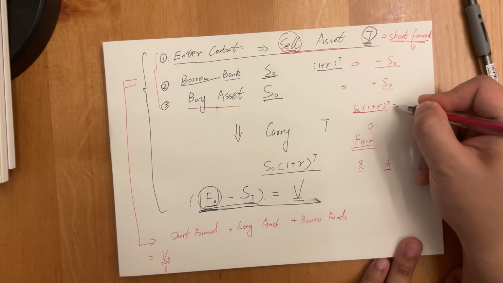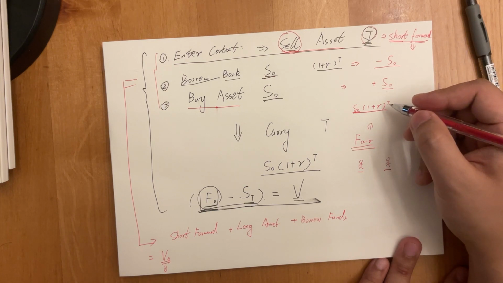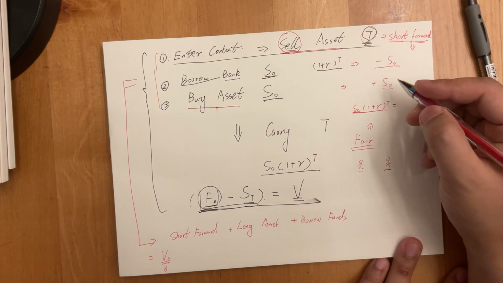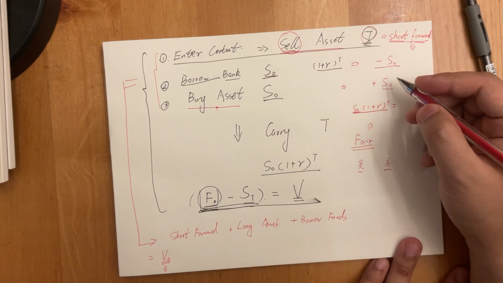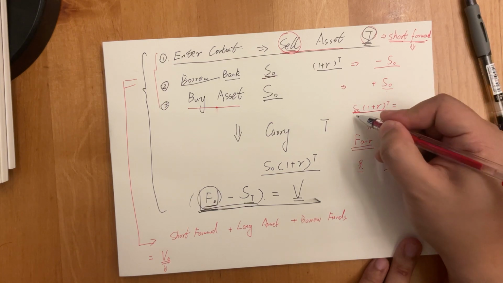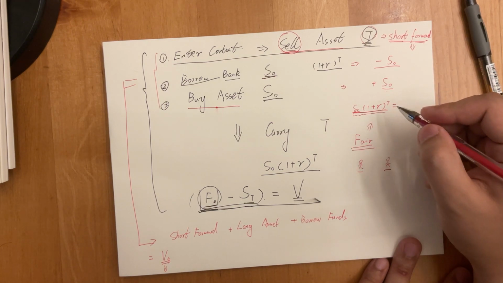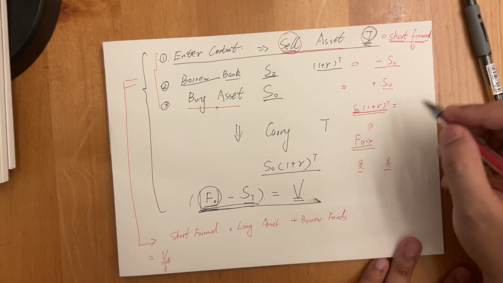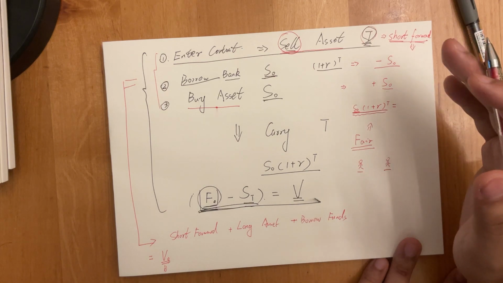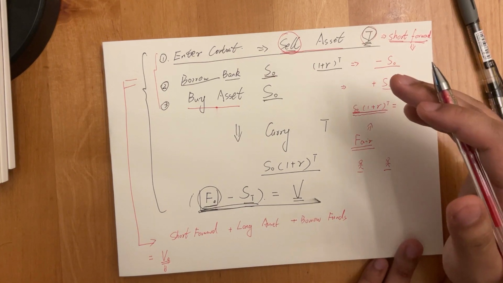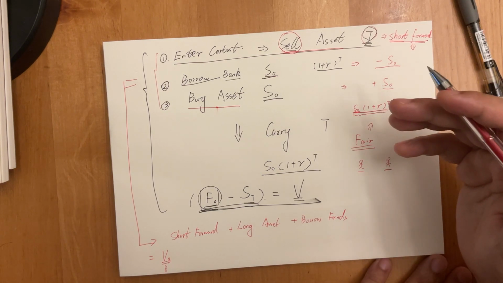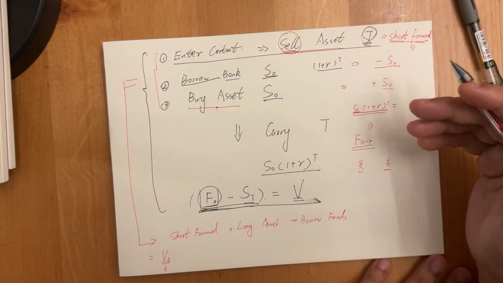And at that specific time, if you sell the asset, the specific price will be exactly the same as this amount of money. So basically, if you are an investor, you can just borrow a specific amount of money and invest that in, I don't know, maybe a bank or something like that.